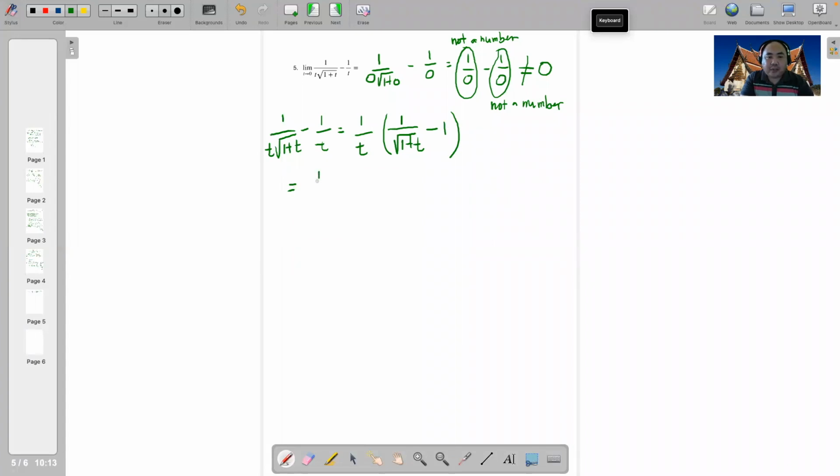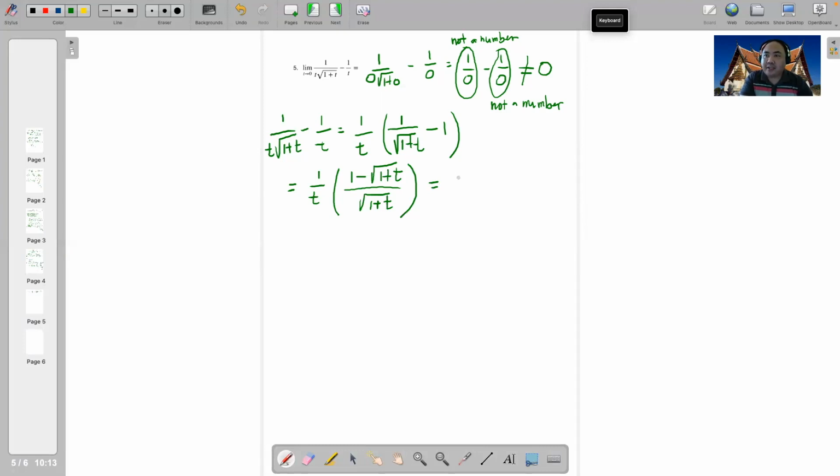Now we know that this is just 1 over t, we leave that be, and the second one can be taken as 1 minus square root of 1 plus t divided by square root of 1 plus t. Sorry, so we just did the subtraction.